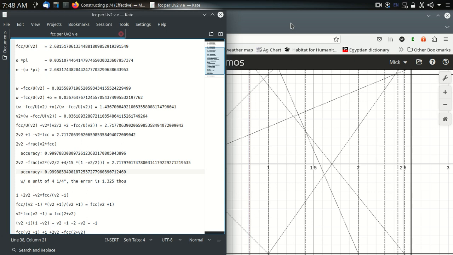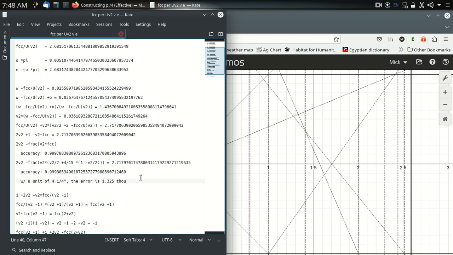So recall if we do the fundamental circle constant construction with a sheet of paper, the error is within the width of the crease. Here, the error is about twice as big, but it's still very likely to be within the width of the crease. So this is still effectively about as good as you can do.